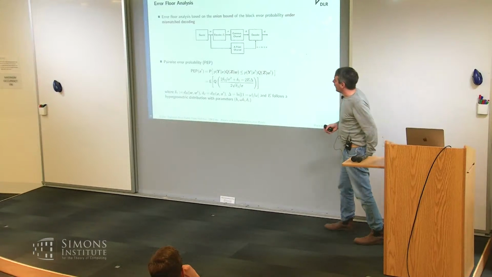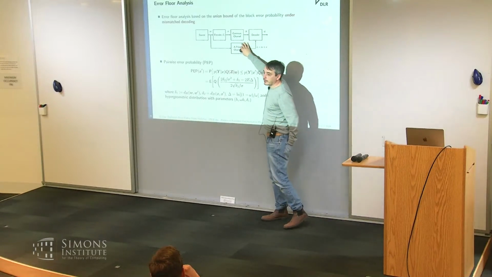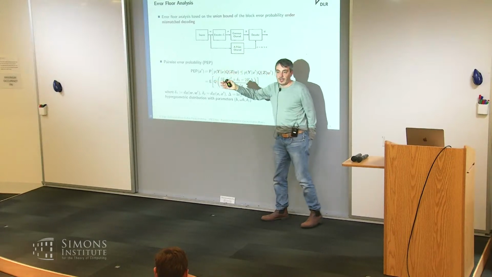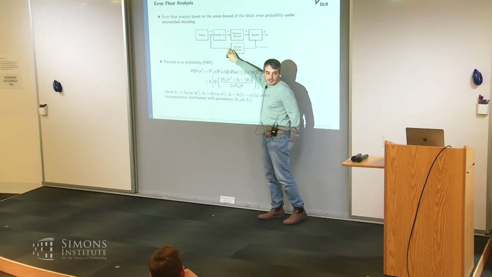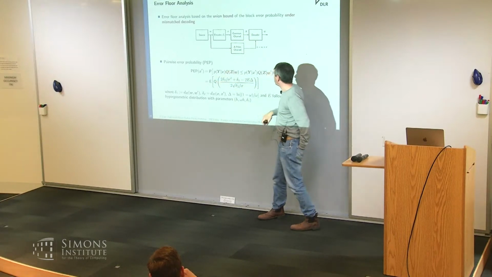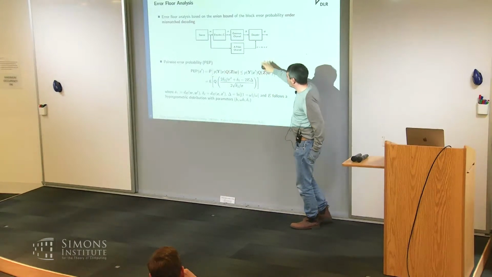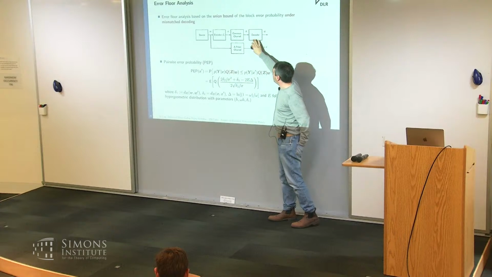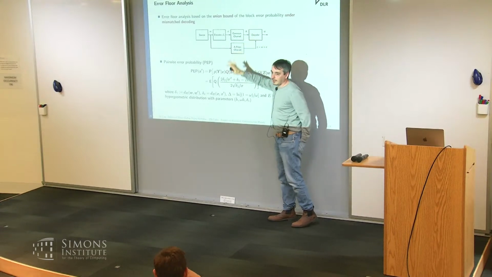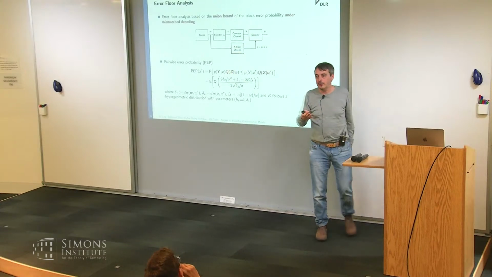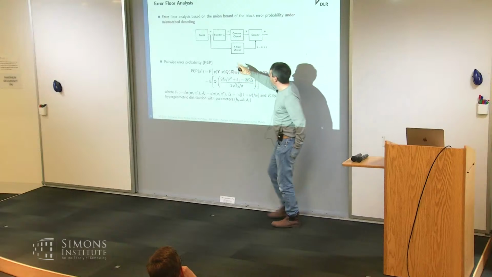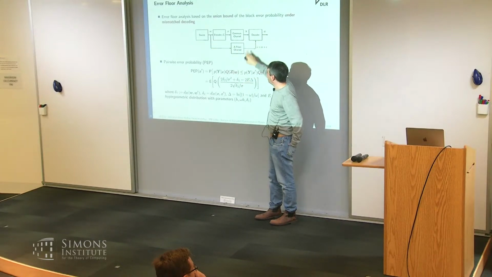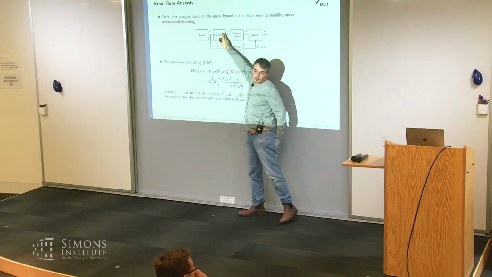And similarly, we can also do an error floor analysis by studying the probability of error under maximum likelihood decoding over this surrogate model. What becomes quite clear is that while in a classical setting what matters is the weight enumerator of the linear code, in this context, to determine the error probability, what matters is the input-output weight enumerator of this code.